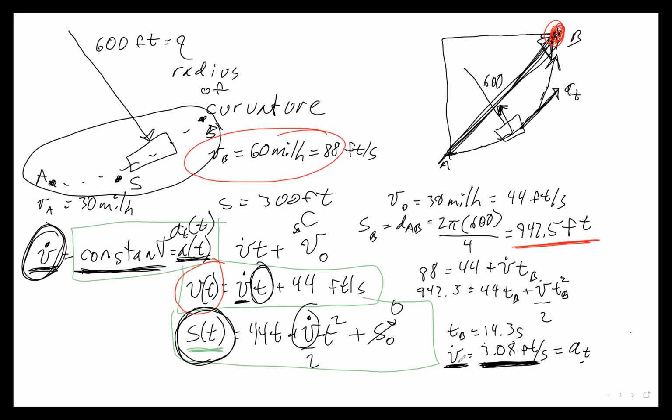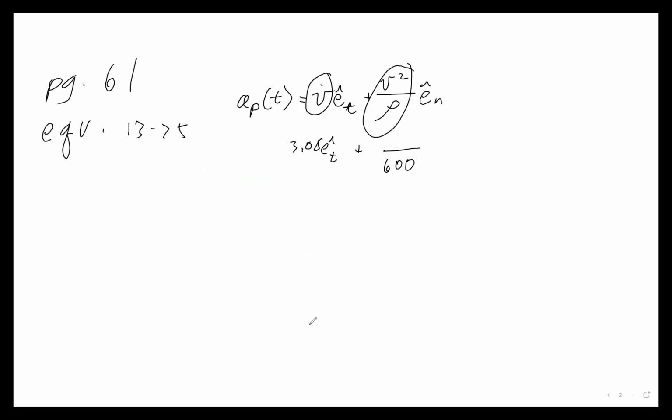We were told this. So 3.08 feet per second squared is the acceleration, and it's constant. Therefore, we can put this acceleration value in for the position equation even at 300 feet, and now we can solve for t. If we do that, then t at 300 feet is equal to 5.67 seconds.